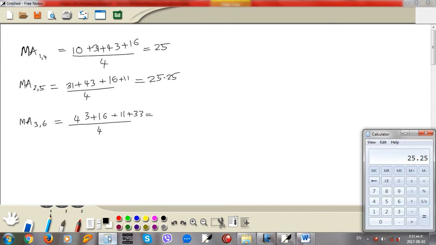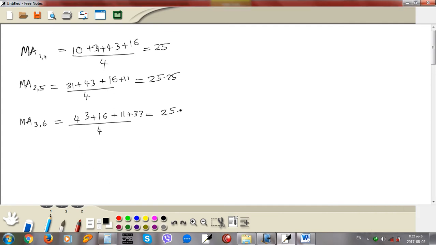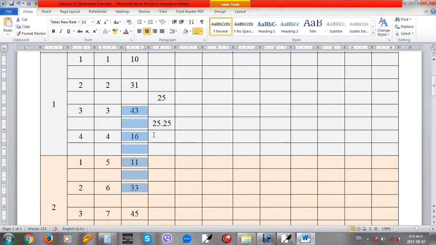Then the answer becomes 25.75. You can add 25.75 here. Likewise, you can continue the procedure and take the values for the moving averages for the remaining rows.